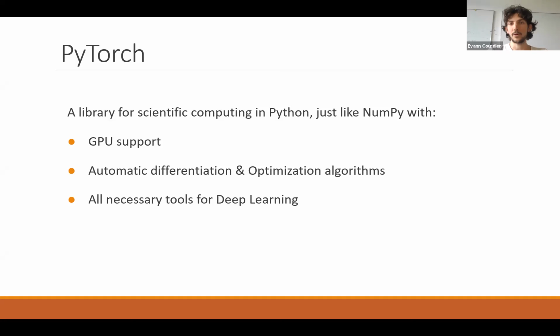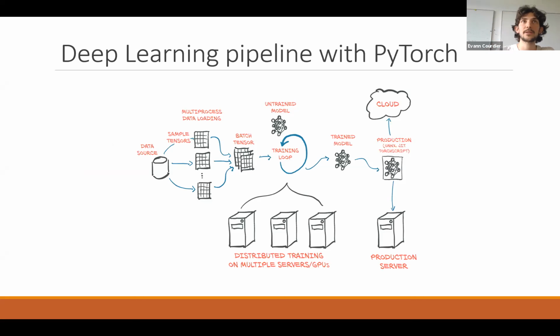In PyTorch you have a whole deep learning pipeline. Here is the usual deep learning pipeline, and the one that PyTorch allows you to build. You have some data set, a training loop, and you get your model trained.